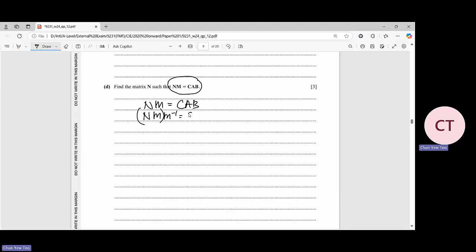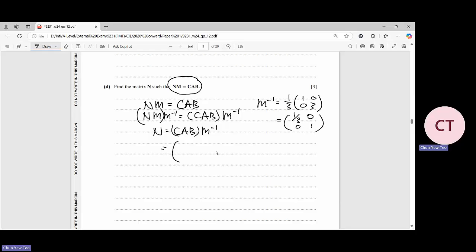Just multiply CAB with M inverse, and you get N. So in order to find N, we need to find M inverse. M inverse is 1 over 3 of 1 0 0 3, wait, 1 over 3 of (1 0; 0 1).